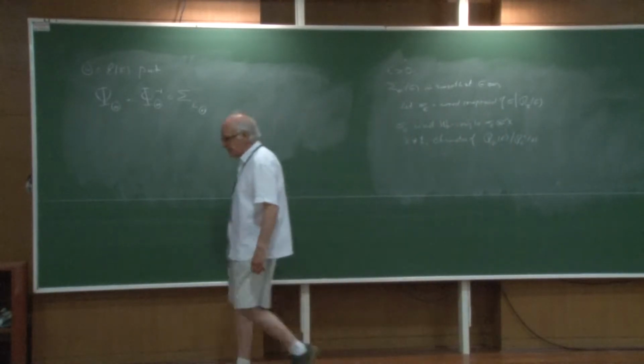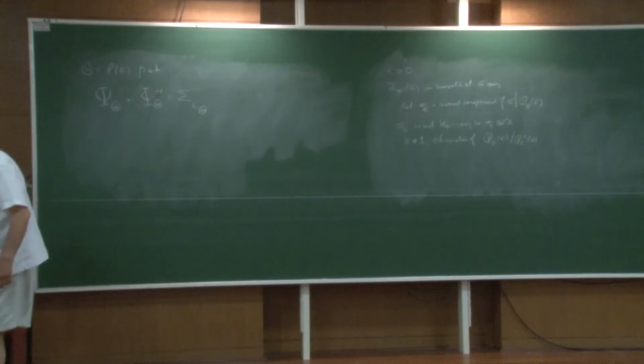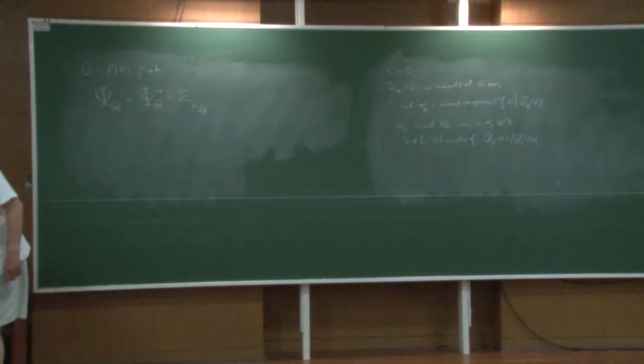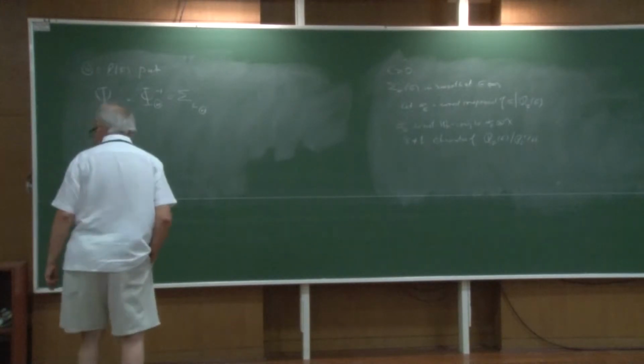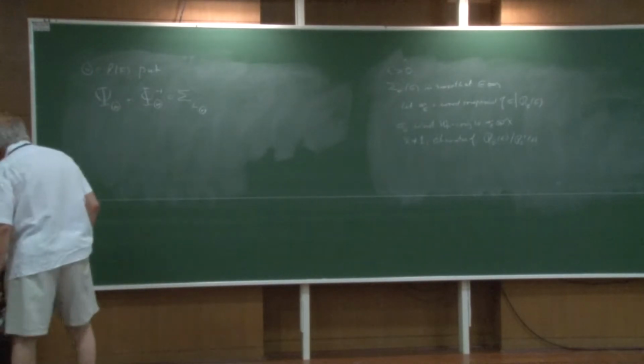Or never go in the same place. So that function actually gives you quite a lot just by looking at it, assuming you can compute it in the first instance.